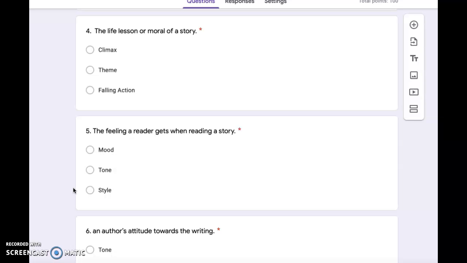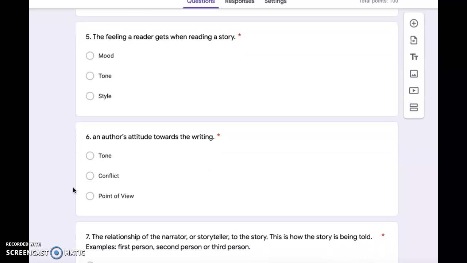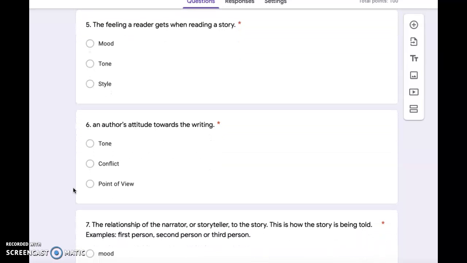Number 4, the life lesson or moral of a story: climax, theme, or falling action. Number 5, the feeling a reader gets when reading a story: mood, tone, or style.